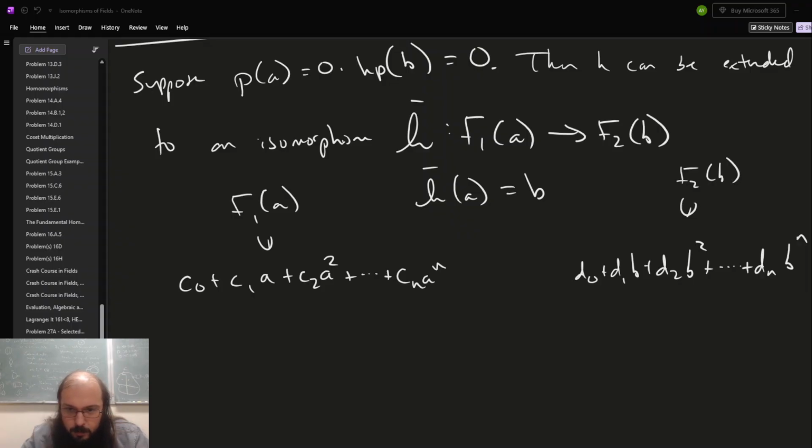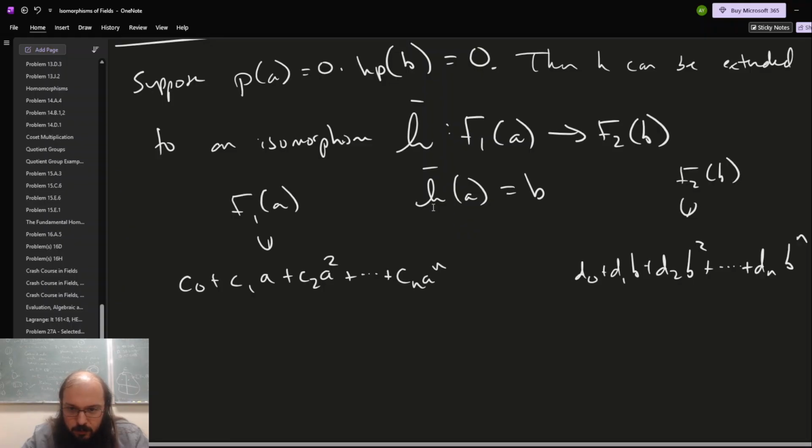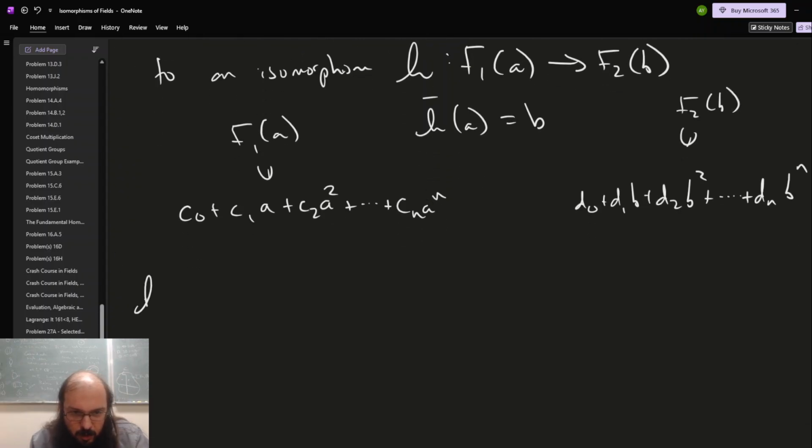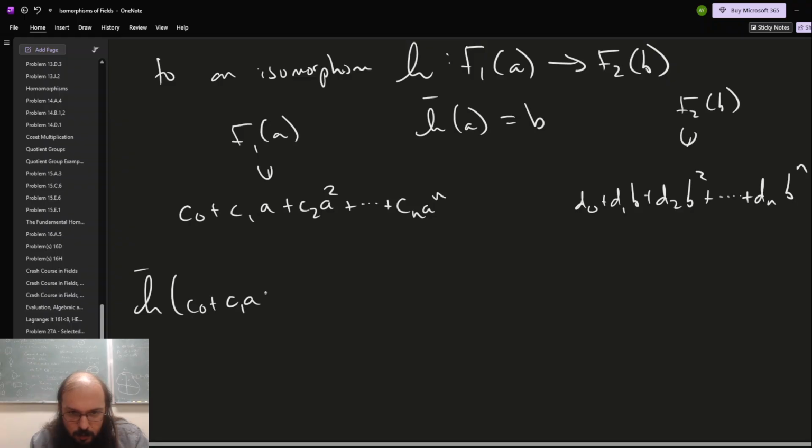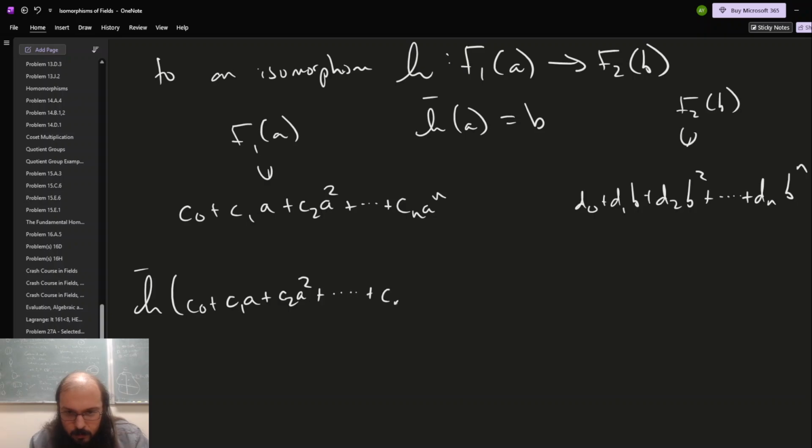Okay, well, now what we're going to do is let H bar act on the coefficients, right? Let's just try to see, we define H bar of this mess. Well, what is it going to do, right? It's going to respect the A's in the same way as above and distribute over addition and multiplication.